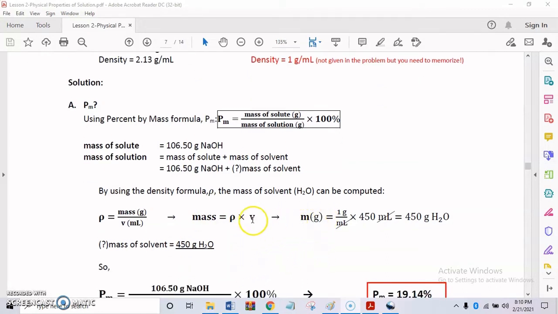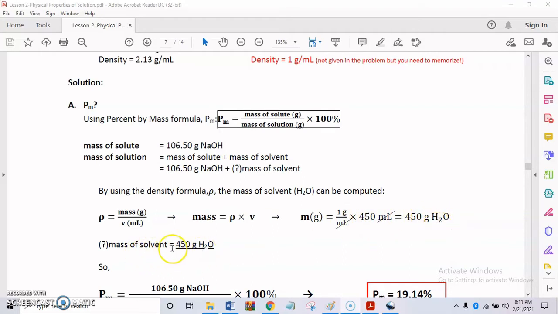So, mass in grams equals the density of water, which is 1 gram per milliliter, times the volume of the water, which is 450 ml. You cross out that ml and this ml here. What remains is the unit of gram. So 1 times 450 equals 450 grams of water.